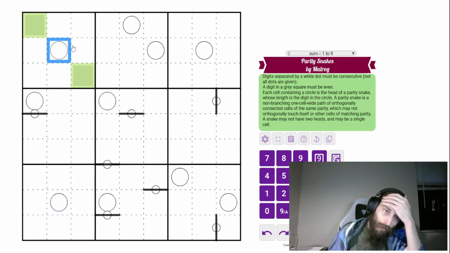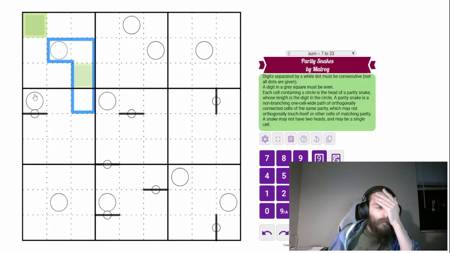If I were to make this an even snake, I could do 4 like that. I think it would have to not touch this one. And the rest would be odd, which would force this one to be odd, which means it would branch. And it's not allowed to branch.